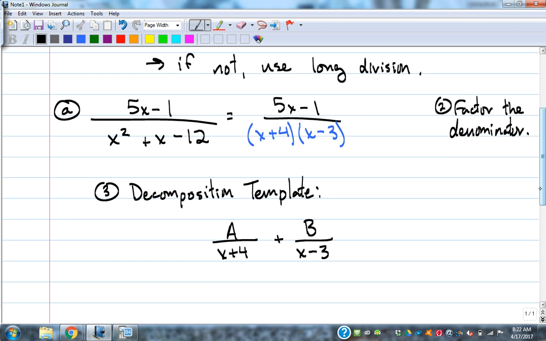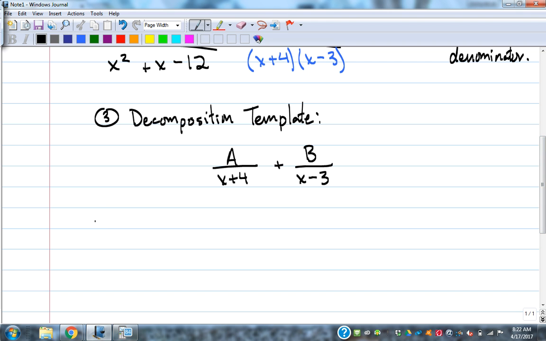Okay. Now, the next thing you do is you multiply the missing pieces.